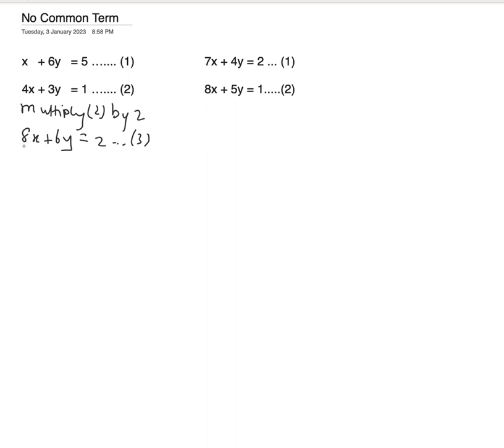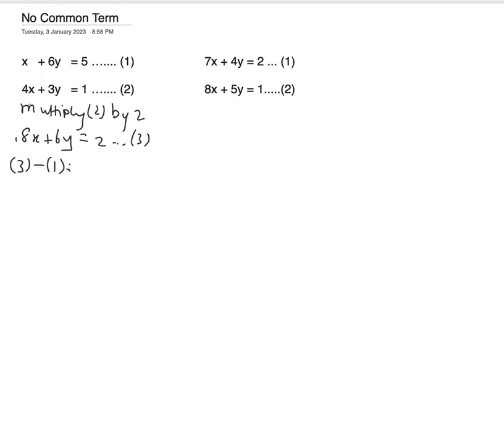And now we are looking at the first and the third equation. And in this case, again, we have the common term, which is 6y, has the same sign. So we subtract to remove it. Now, since we have a bigger term in x in equation 3, therefore we take equation 3, subtract equation 1.